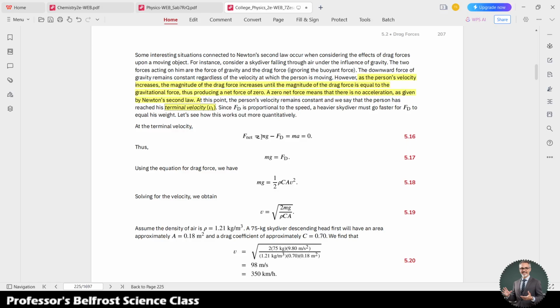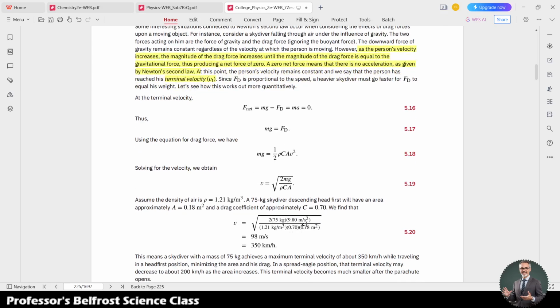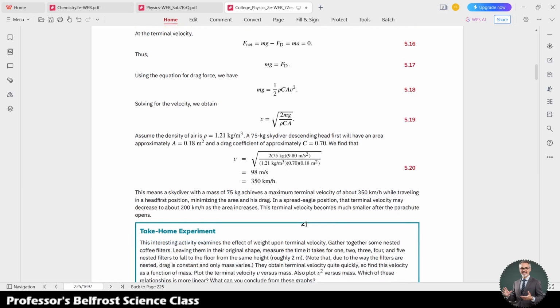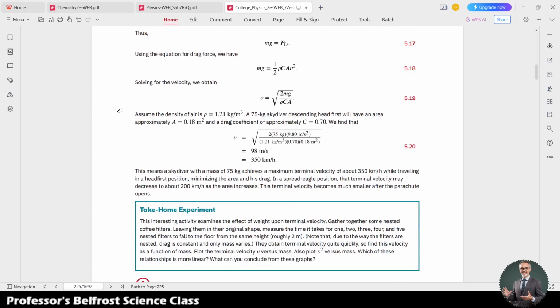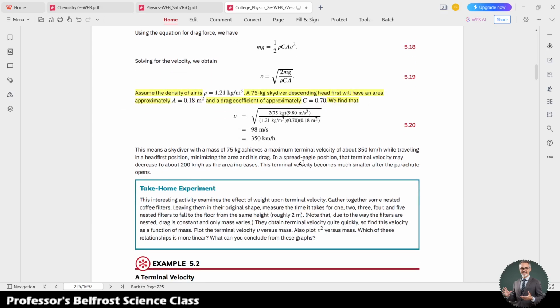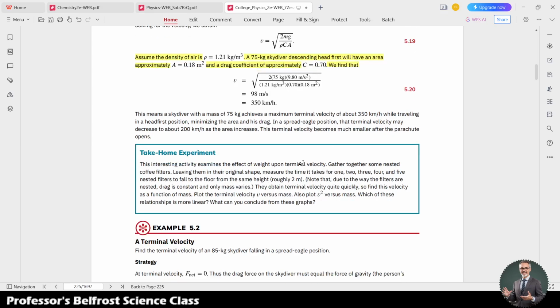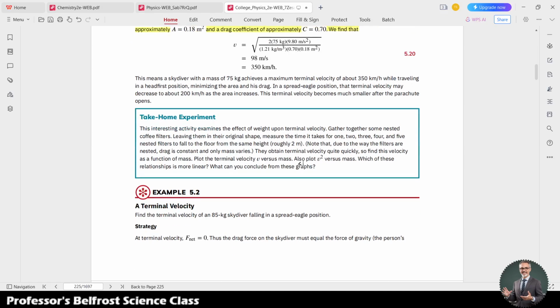So F net equals mg minus Fd equals ma equals 0 here, and mg equals Fd, and it gives us v equals the square root of 2mg over rho CA. For example, if we assume the density, the mass, the area, and the drag coefficient with this, then we can find v to be more or less 350 kilometers per hour.